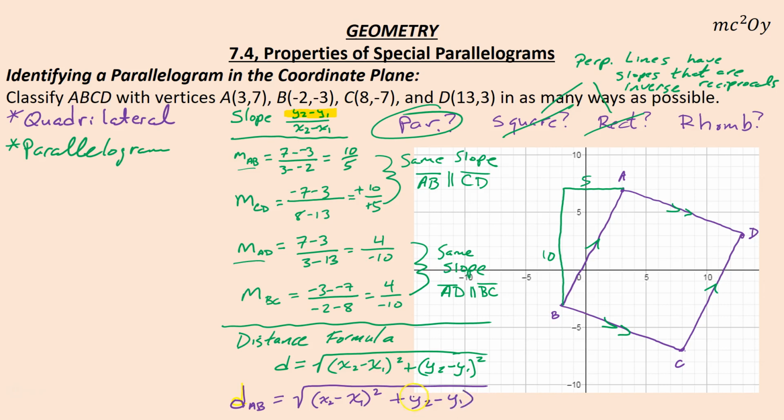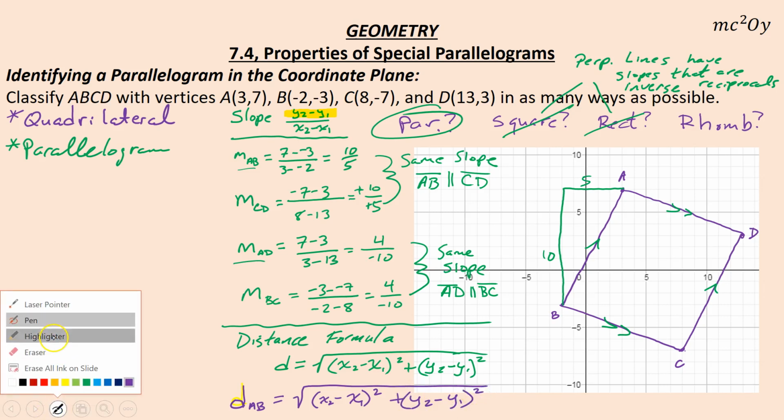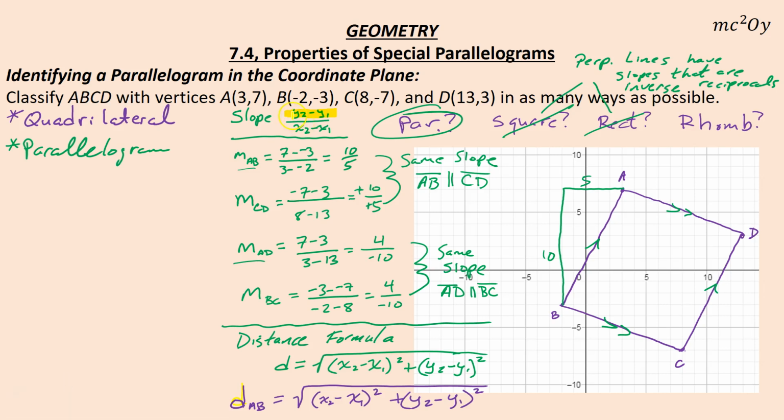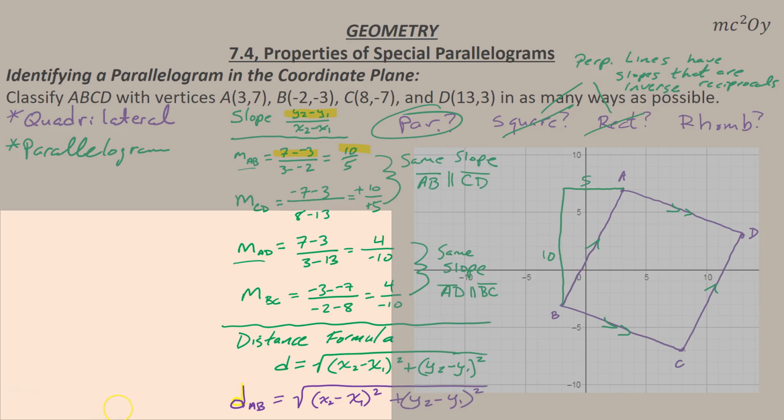Now, I'm not going to have to do much here, and I'll show you why, because you've already done the work. You did the work when you looked at it here. y2 minus y1, that was this part of AB, and you came up with 10.